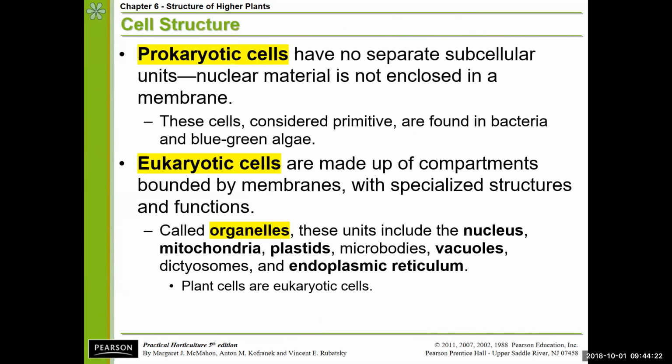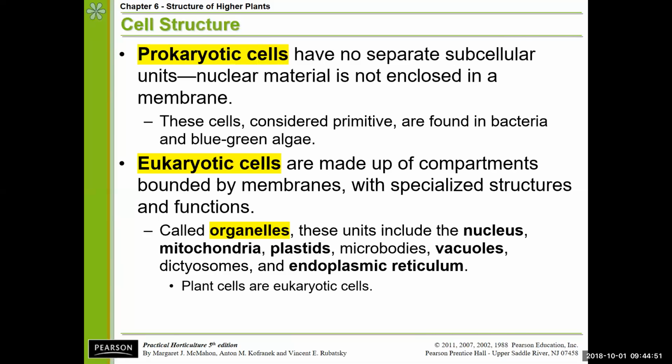Really basic thing here on cell structure. We have basically two types of cells in life. We have prokaryotic and eukaryotic. And just know that the prokaryotic do not have separate subcellular units. They are basically the most primordial cells out there, and they're only found in really primitive organisms, like some bacteria and blue-green algae.